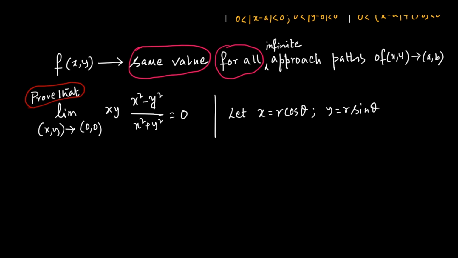If you plug this in, we get mod of xy into x square minus y square divided by x square plus y square. Mod of xy means r square cos theta sine theta, which I can write as r square by 2 sine 2 theta.